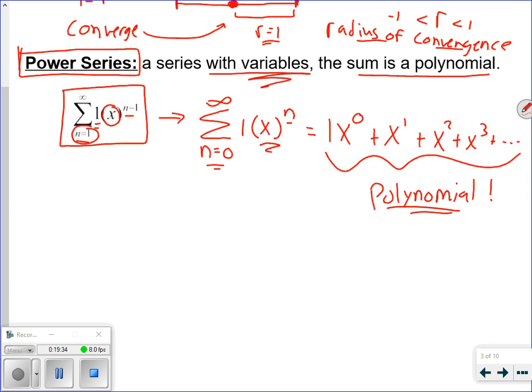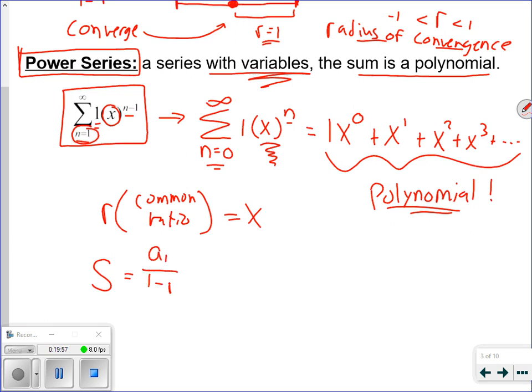My r value, though, is a variable. It is not a fixed value. So r, my common ratio, is going to be equal to x. So keeping this in mind, remember that the infinite sum is equal to a sub 1 over 1 minus r.